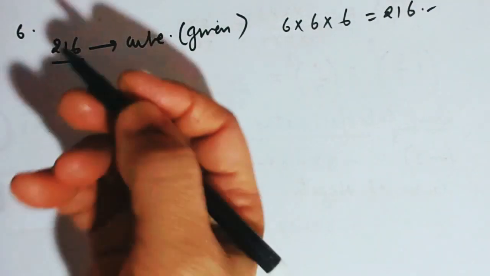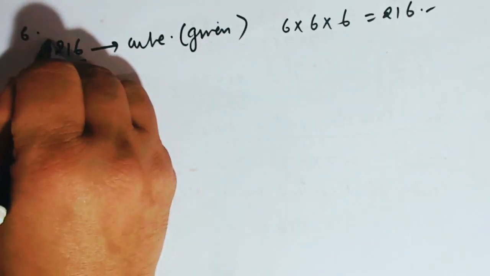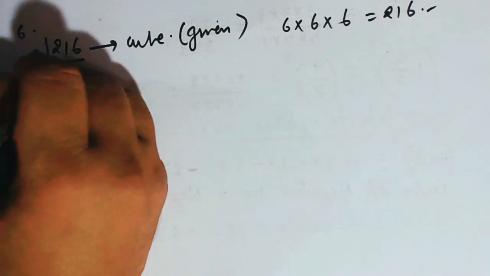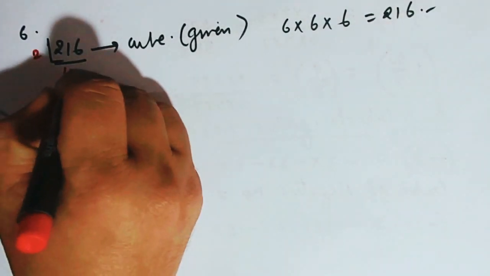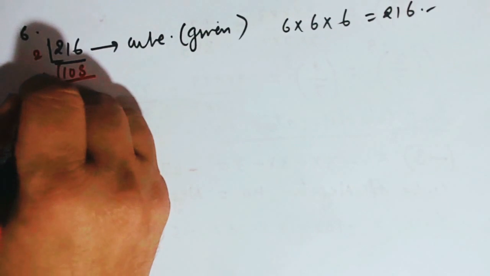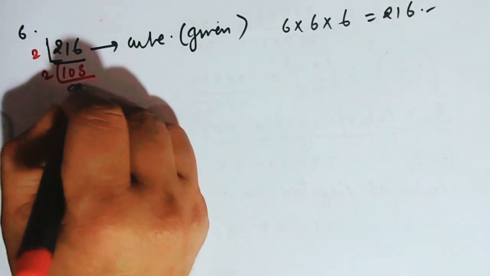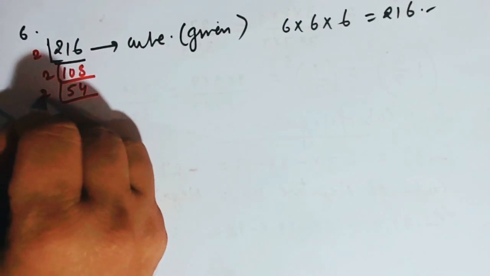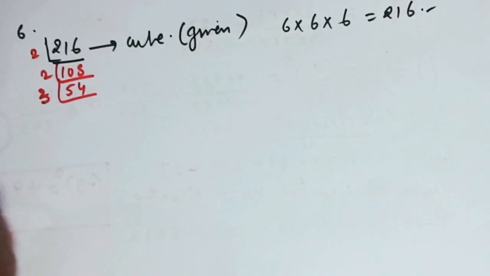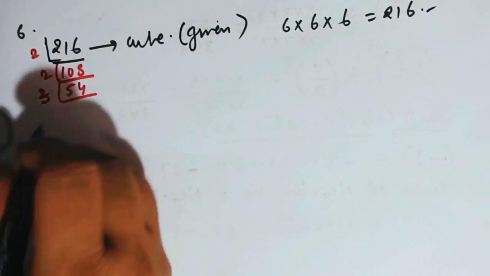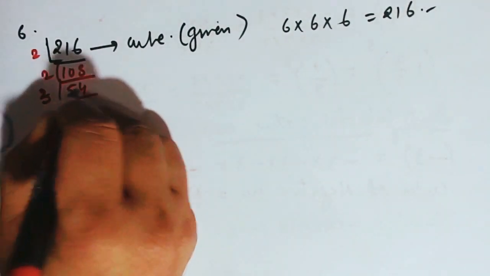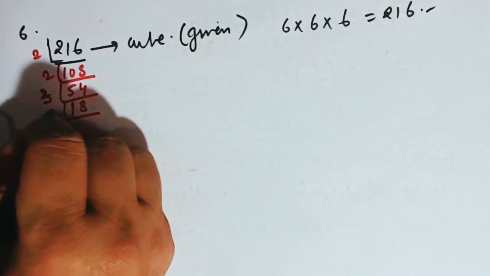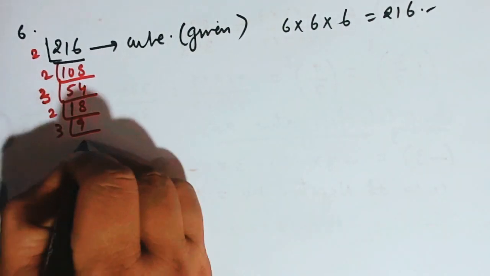So as I said, factorize it. The only option here is factorization, no division. So 216 divides by 2 to give 108, then 54, then 27. Then it will go with 3, 9, 3.